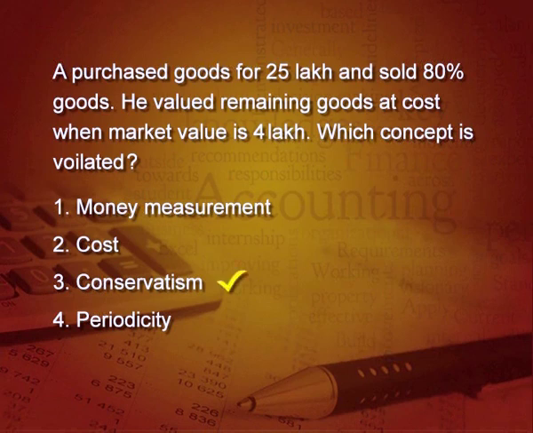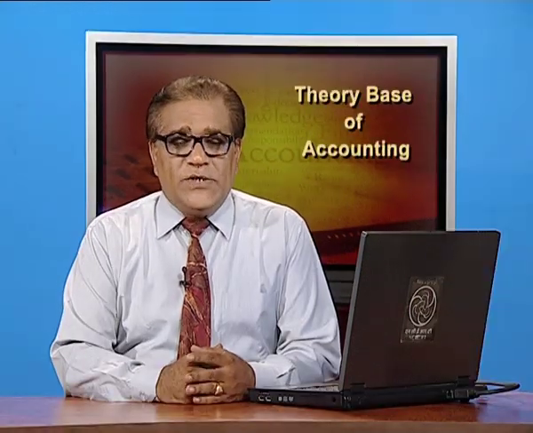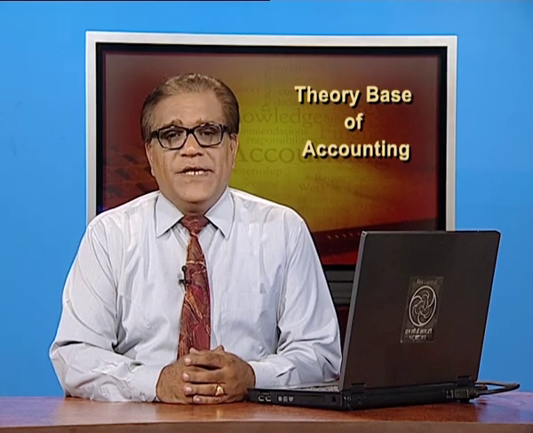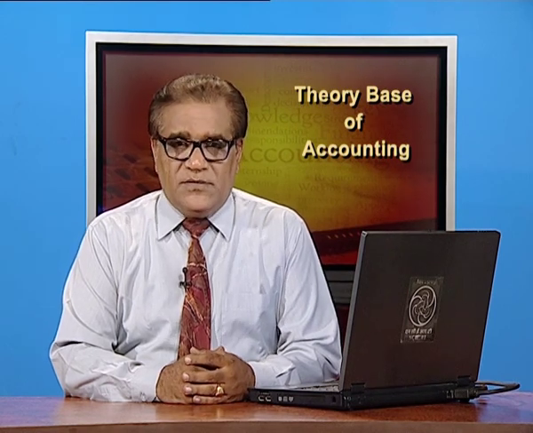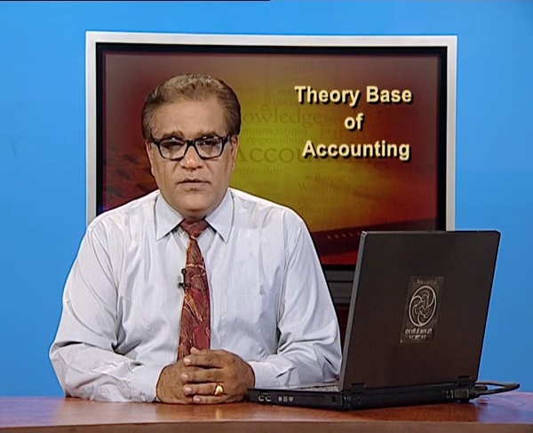Yes, conservatism, because conservatism says you have to value the goods at cost or market price, whichever is less. So, he is taking the goods at cost which is more than the market price, and it is wrong according to the concept of conservatism. So, students, now we have completed all the concepts and definition part.